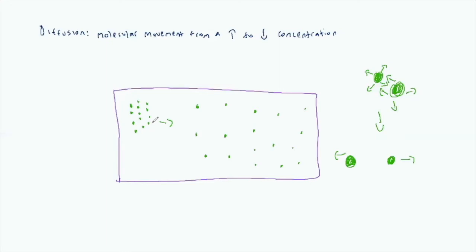So let's go ahead and talk about factors that impact the speed of diffusion, and it's on your outline, so I'm not going to cover it too in-depth. Let me just go ahead and erase this. The first factor is going to be distance. So these are factors that affect diffusion.